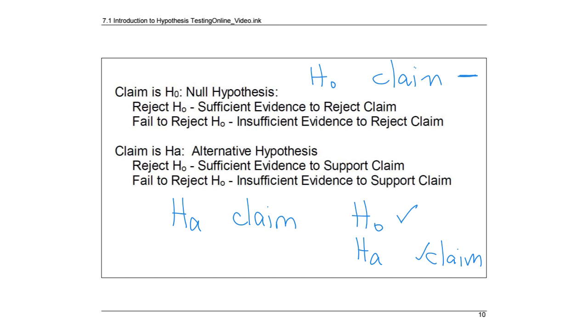It's one or the other. If I don't reject the null hypothesis, then that might be true, it's possible, and so I cannot support my claim. As we do more problems, you'll get more practice with those.